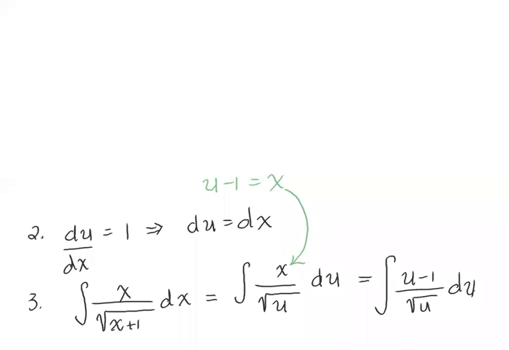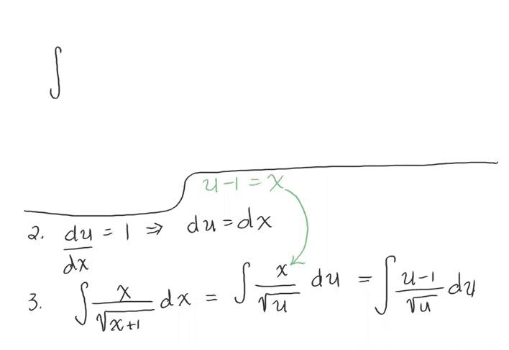So I'll make a little room up top. I'm wanting to find the integral of u minus 1 over the square root of u du. So now I have the nice feature that there are no more x's left in my integrand.